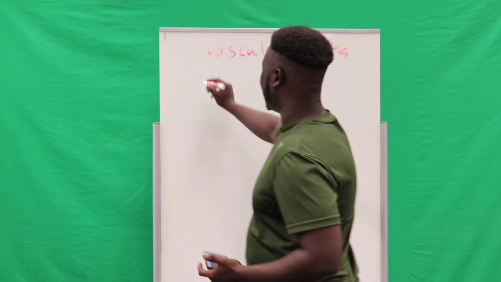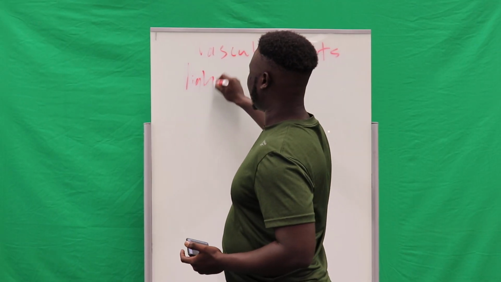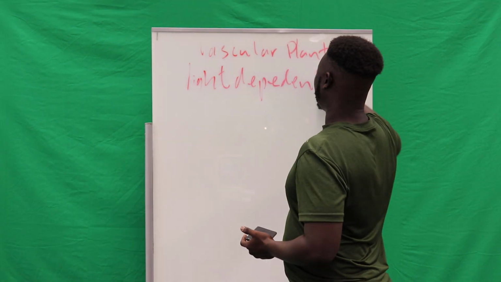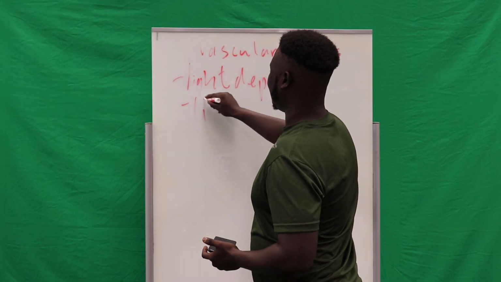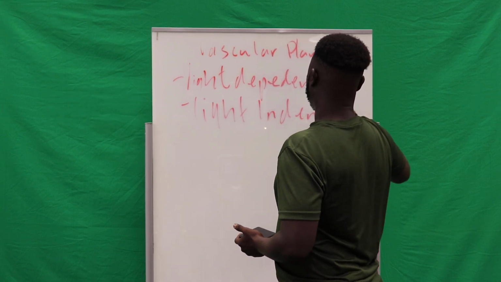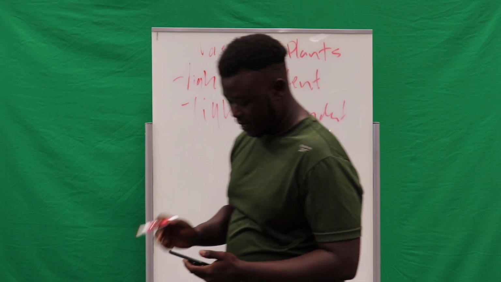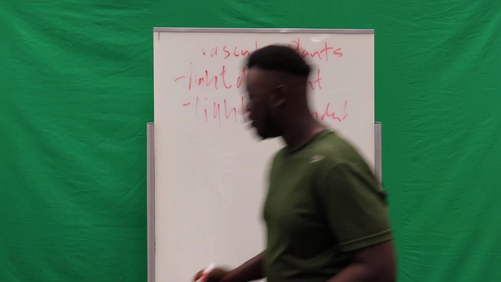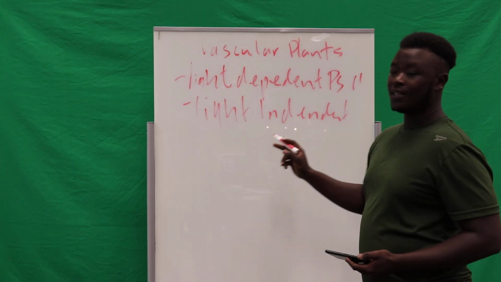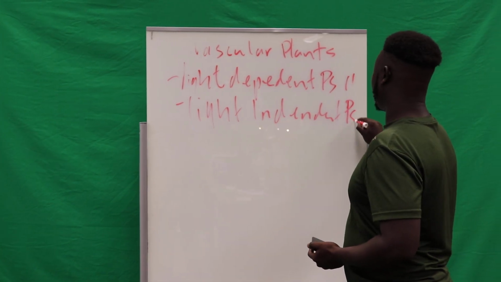Of course, photosynthesis is divided into two stages, namely the light dependent and the light independent. The light dependent stage is also called photosystem 2, and the light independent stage is called photosystem 1.